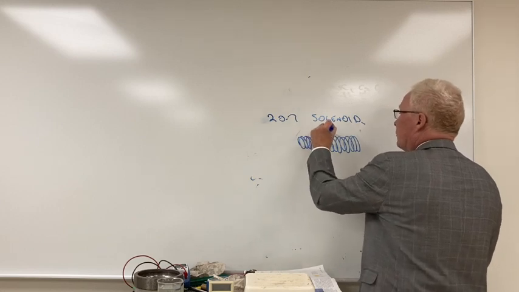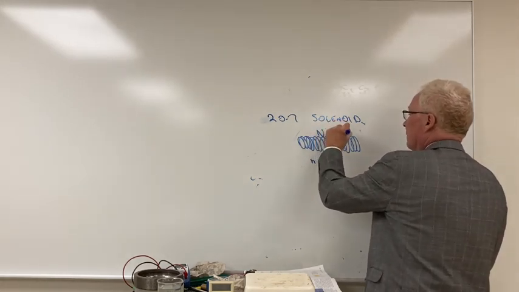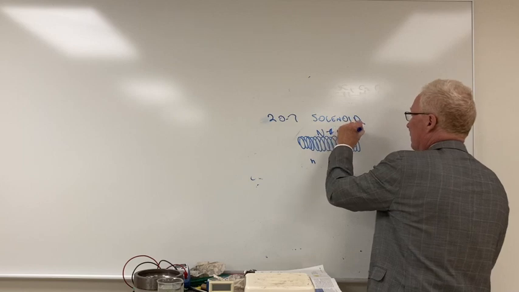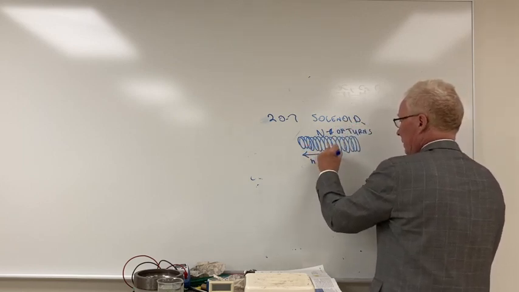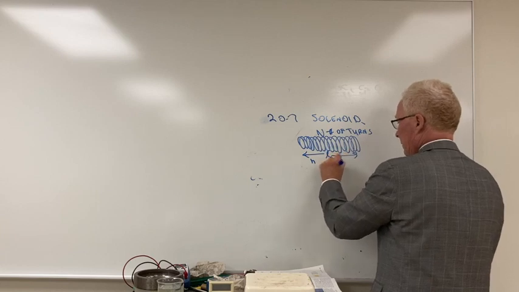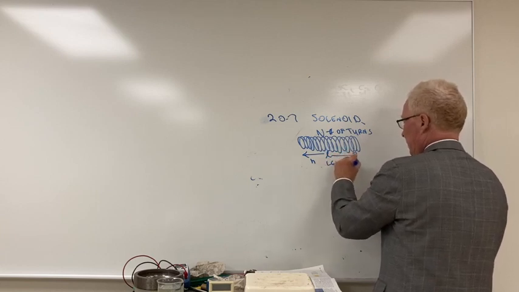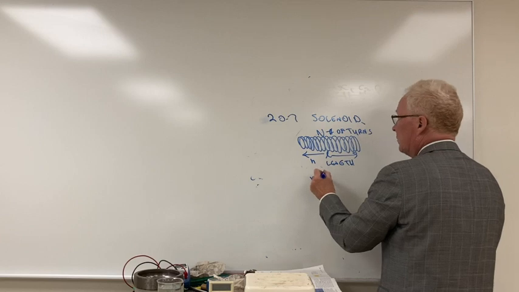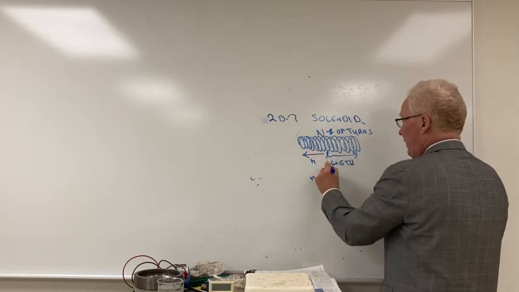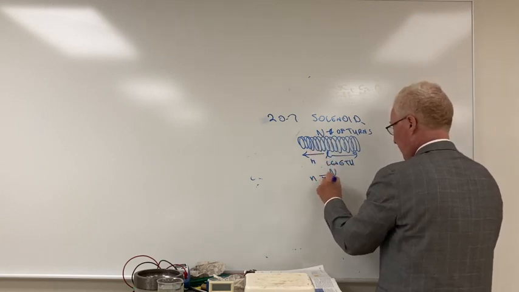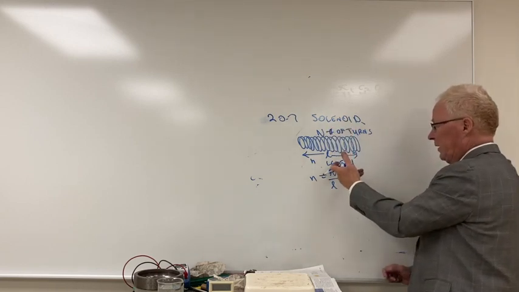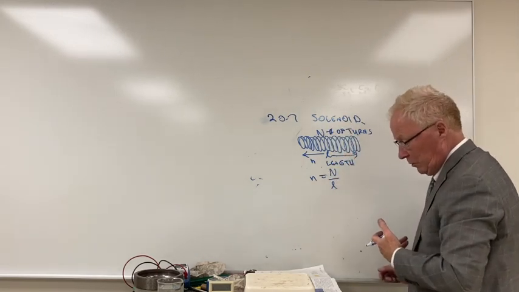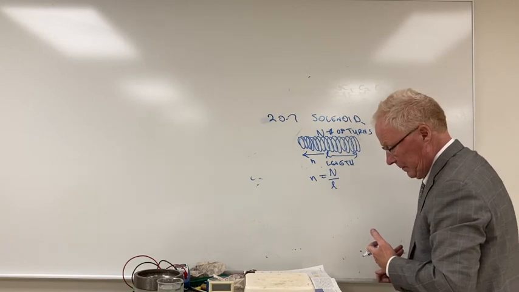If N is the number of turns and L is the length, then n, which is turns per meter, will be N over L. So this is the number of turns, and this is the length in meters.